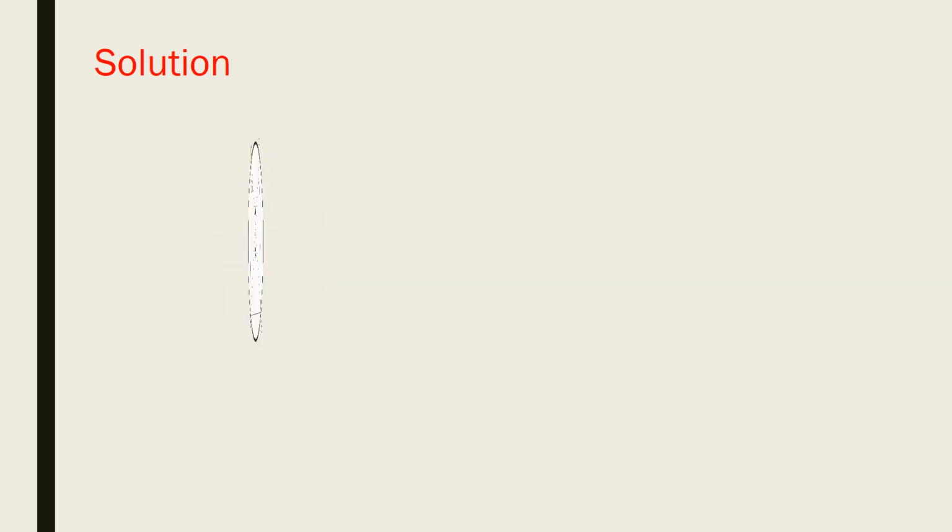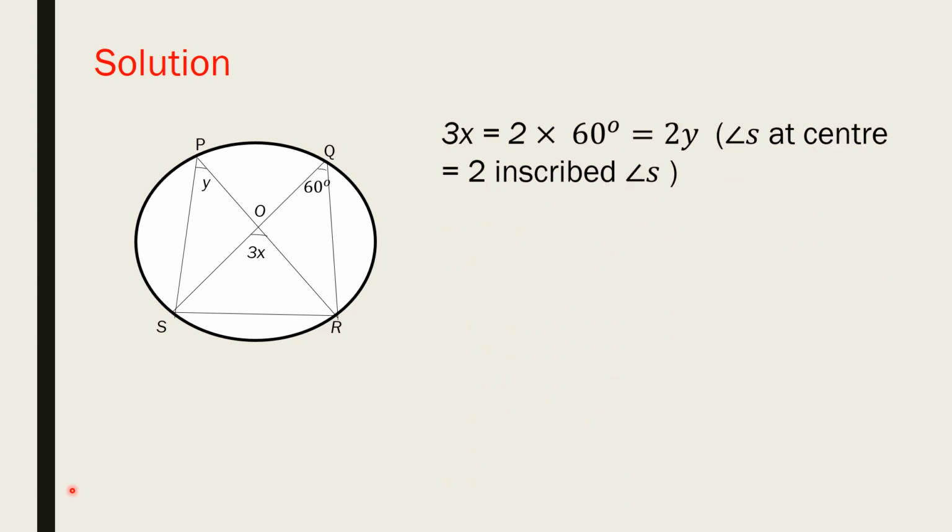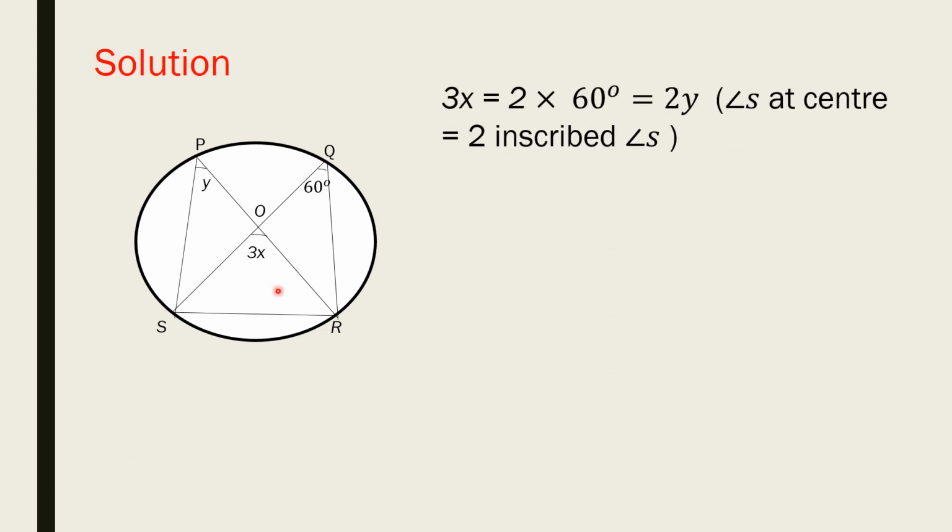Like I used to do, I repeat my circle again, and then we solve together. Look at what we have here: this angle at the center is twice either this or this. Both of them are twice the inscribed angles, so it depends on the one you want to work with.